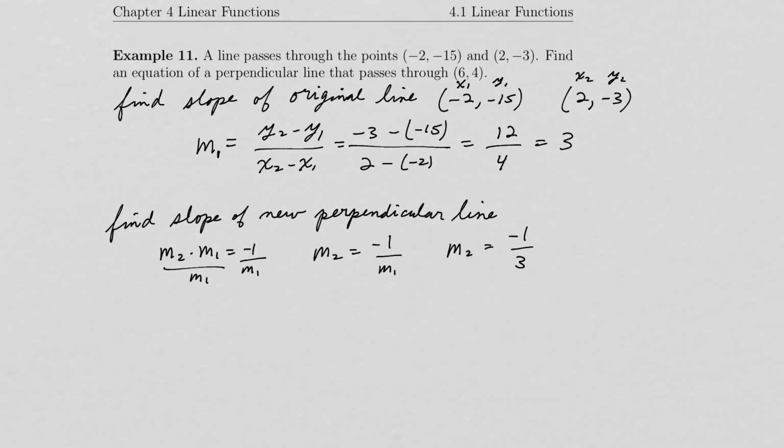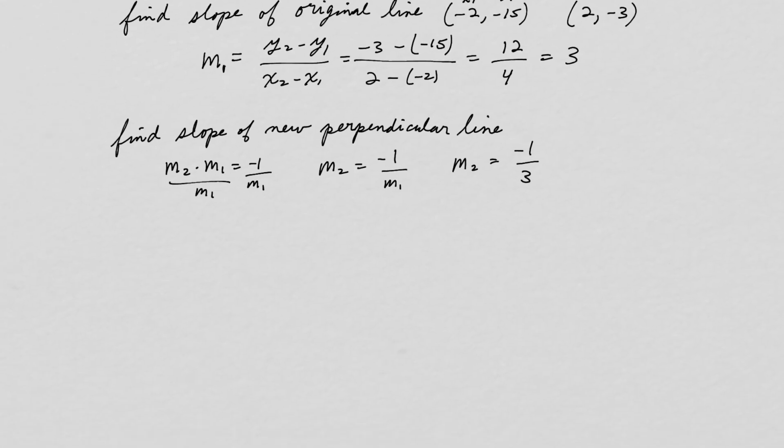Okay, so now for the new line, the one that's perpendicular, I know the slope, it's -1/3, and I know a point that it passes through. We're told in the problem that we want it to pass through the point (6, 4). So this is kind of like our x1, y1.